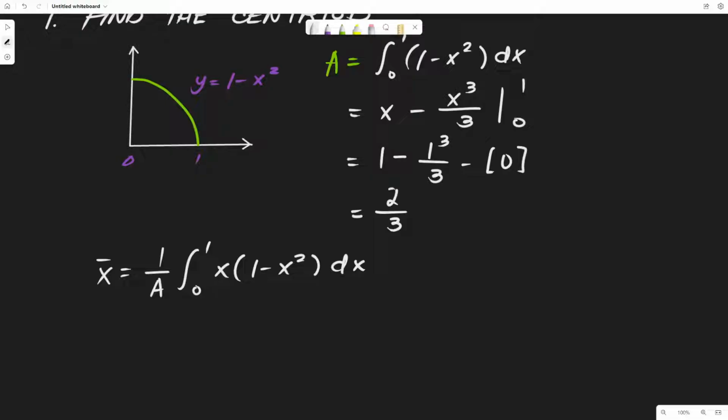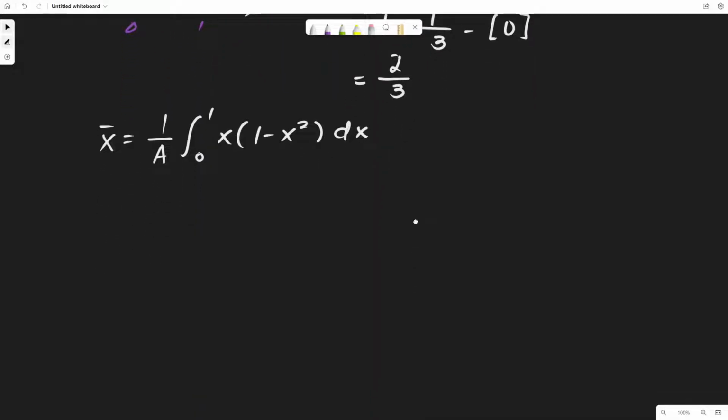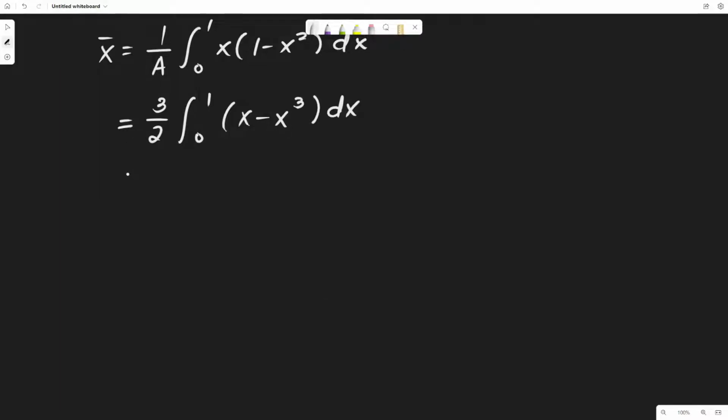We just distribute the x. By the way, 1 over A is just the reciprocal of A. Since A is 2/3, we have 3 over 2. Then we have the integral of x minus x cubed dx, multiplied by 3 over 2.